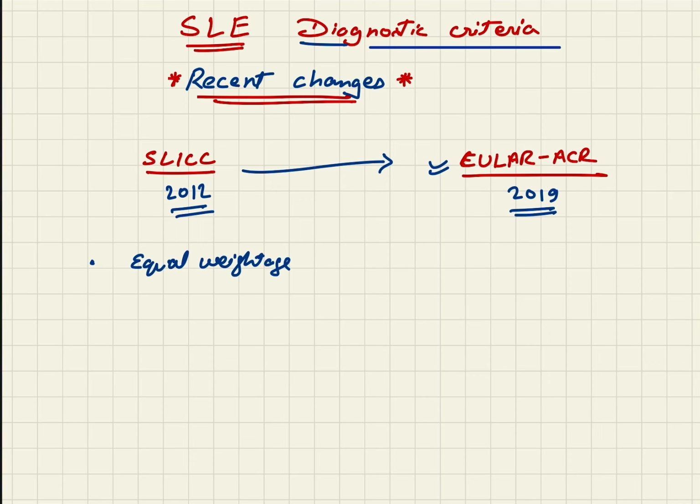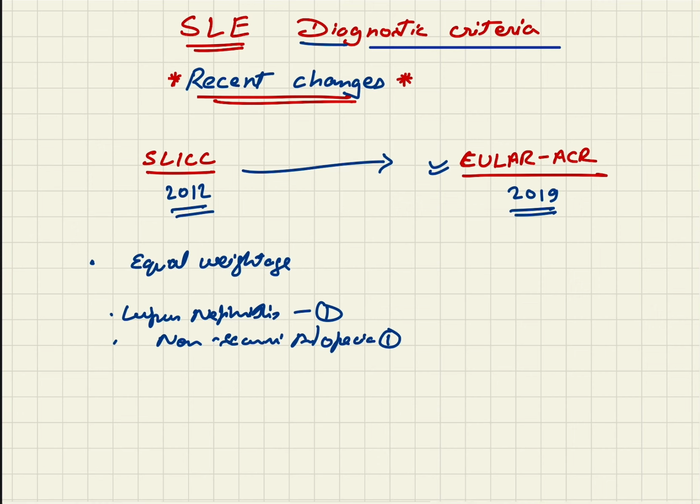For example, if a patient has lupus nephritis, this is given 1 point in the SLICC criteria, and similarly a patient with non-scarring alopecia, this is also considered as one parameter.